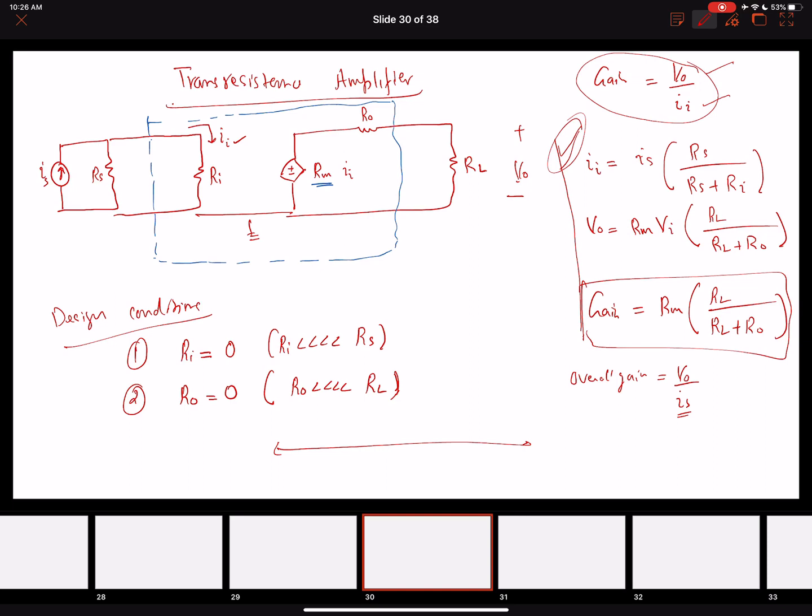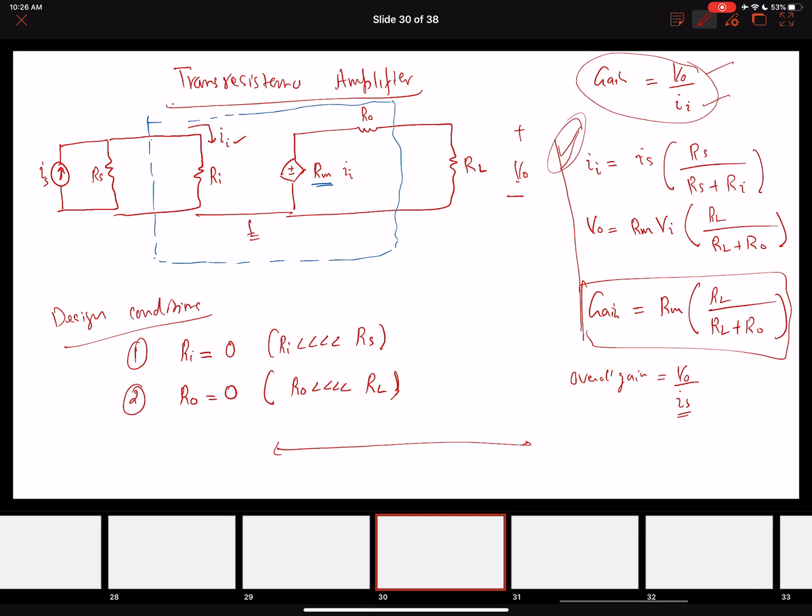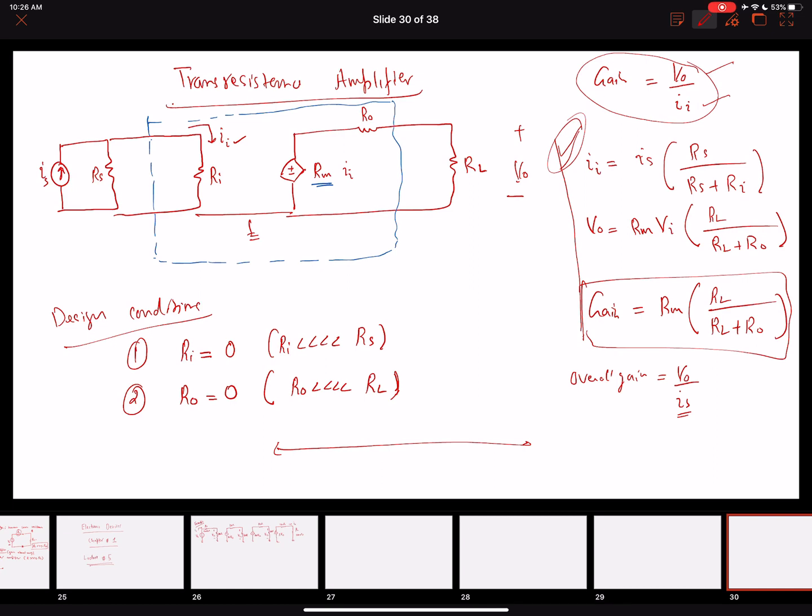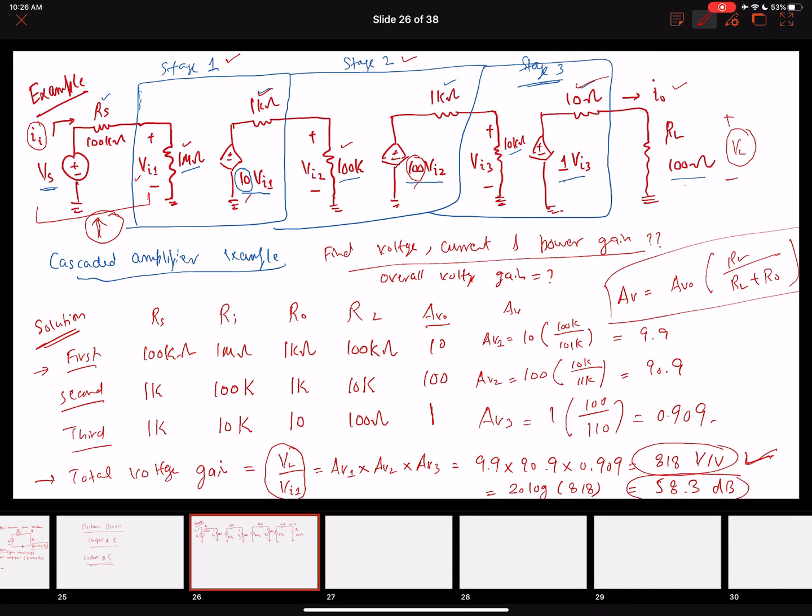This was the last topic that we wanted to talk about today. In the next lecture, we are going to start talking about the frequency response. Again, what we discussed in this lecture: we started with the cascaded amplifier. We can connect multiple stages of an amplifier, and each stage can have its own unique purpose. Stage 1 provides a moderate gain, but its main objective was to provide a very high input impedance.